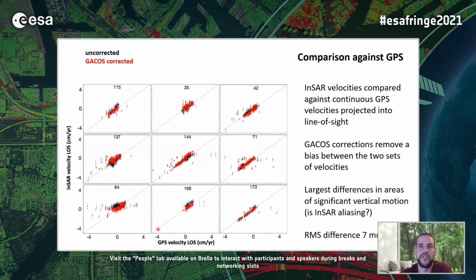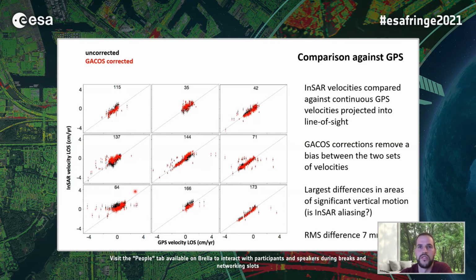In terms of the scatter plots here, we're comparing per track GPS and InSAR. What we observe is that in general there is agreement when the rates are small, but once the rates become very big, the InSAR is generally underestimating the GPS, and it can be due to aliasing. We're using the 90-meter products, so we might be missing signals in the high subsiding regions.